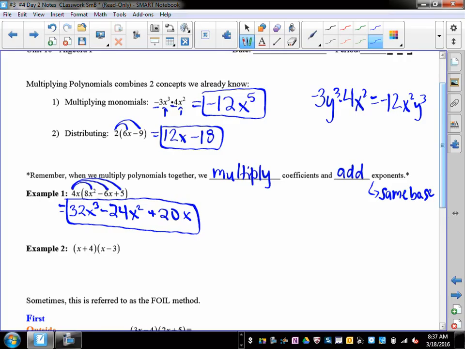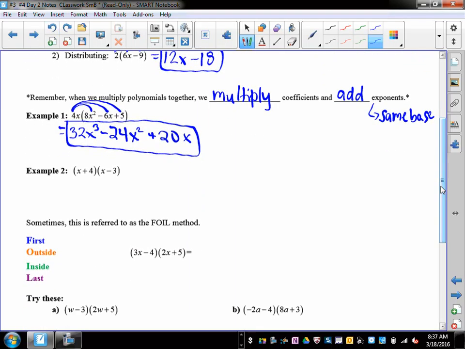Okay, so let's take a look at our next one. Our next one has 2 terms, and everything inside of here has to multiply to everything inside the other one. So let's first distribute the first term. I like to call this double distributing. Let me zoom in some.